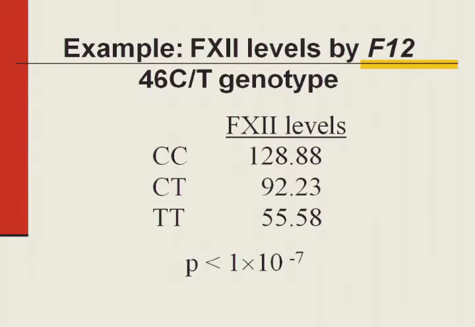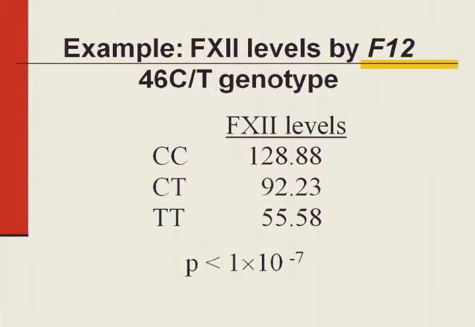Okay, so let me give you an example of this simple measured genotype association analysis. You remember, we're testing whether the mean trait values vary by genotype. Extremely simple. This is a functional variant in the clotting factor 12 gene, and clotting factor 12 levels vary strongly by genotype here.